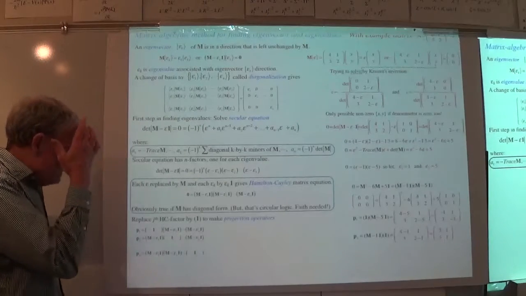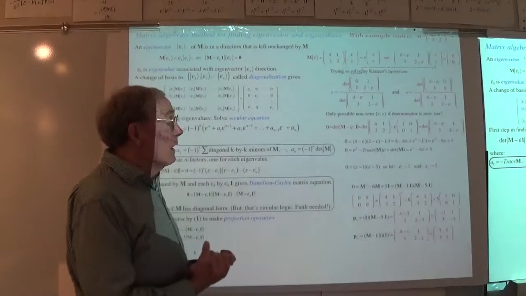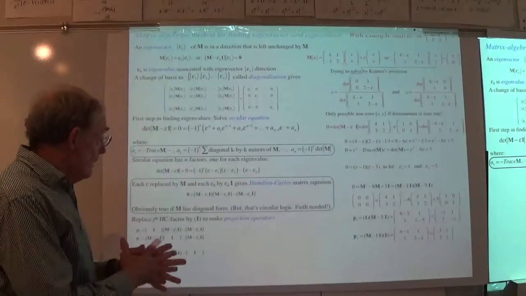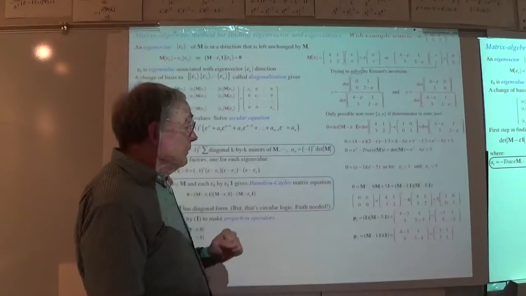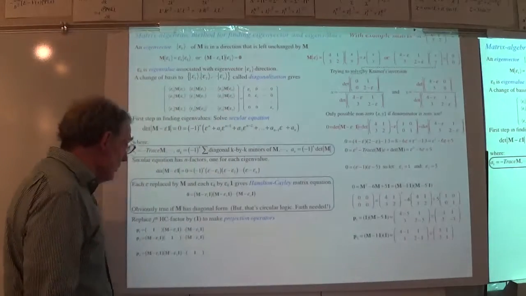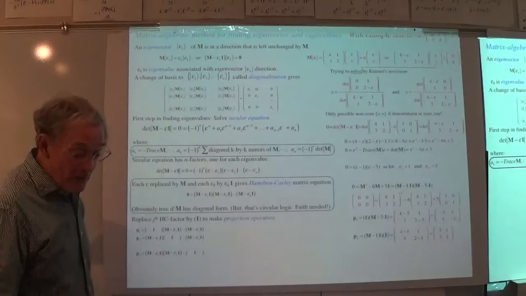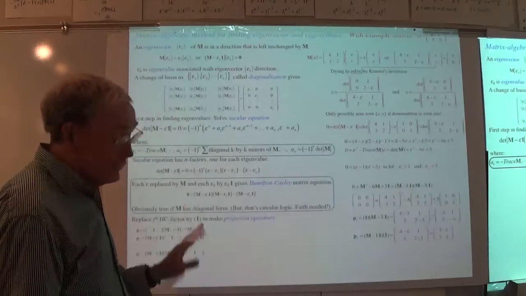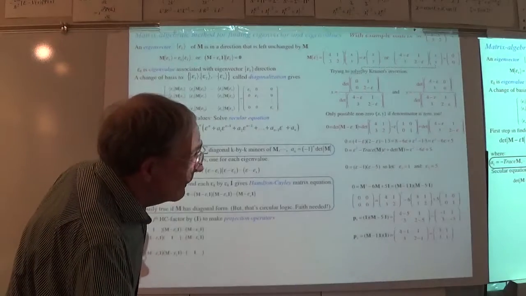So, what we're going to do is use this Hamilton-Cayley equation in its factored form to write out what we will turn into projection operators. So that's the key to getting this scheme to work here.